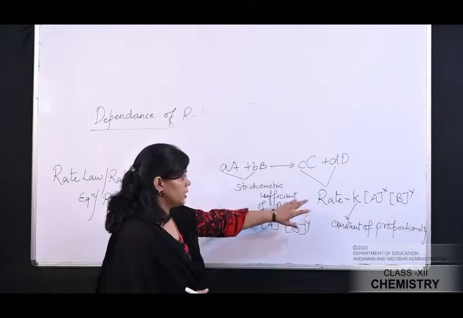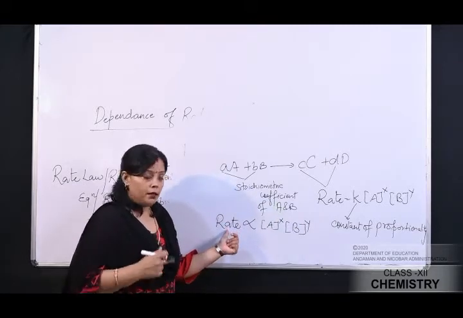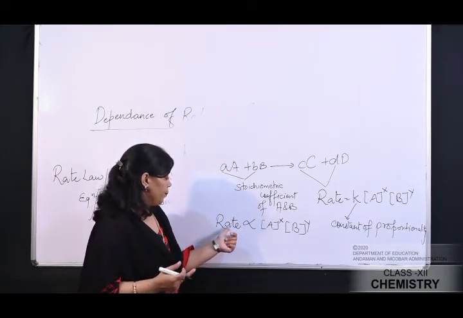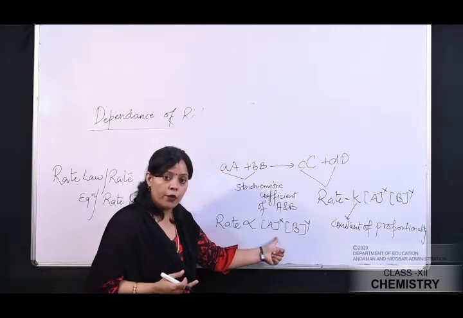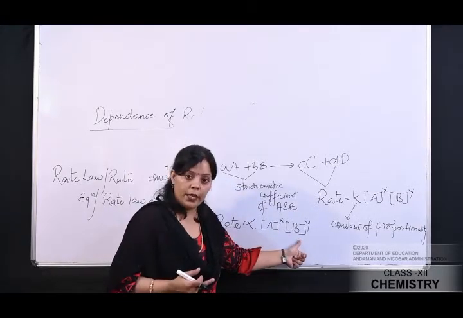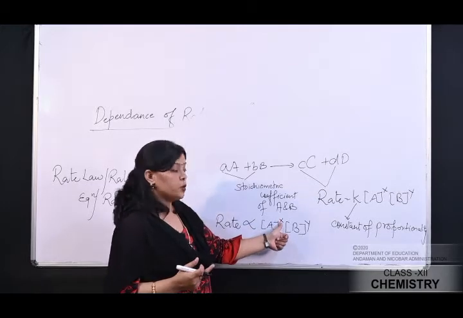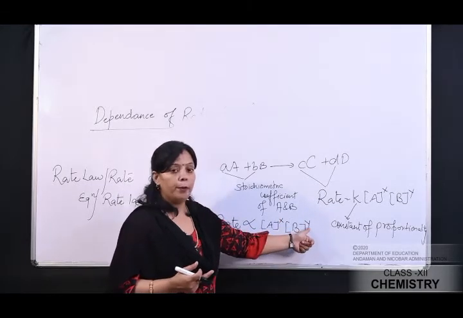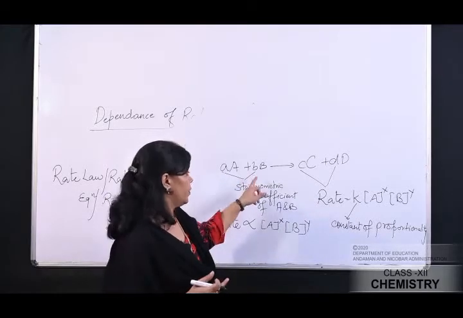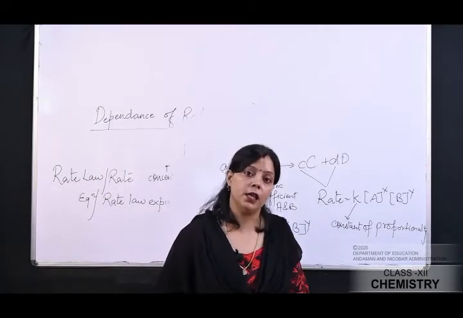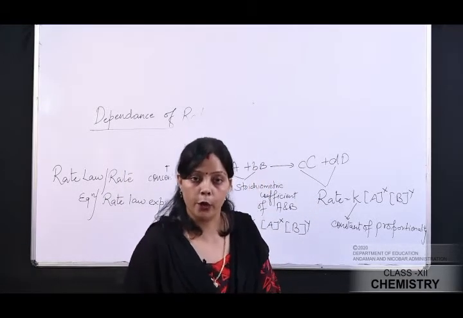So with the help of this, it is clear. I am again repeating this definition. The rate of the reaction is given in terms of the molar concentration of the reactant with each term raised to some power, and this power may or may not be equal to the stoichiometric coefficient of the reactants which are present in a balanced chemical equation.